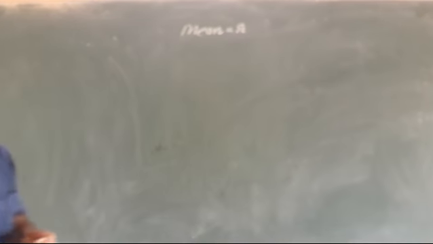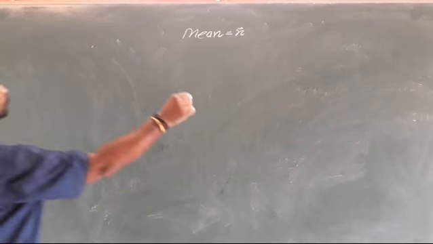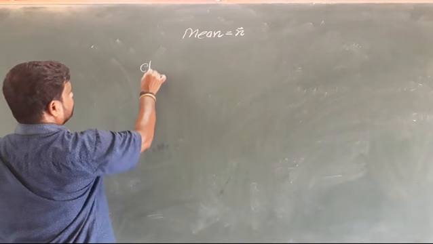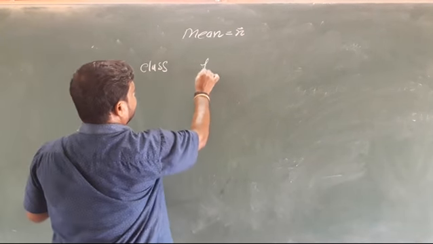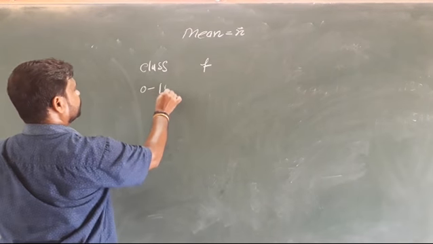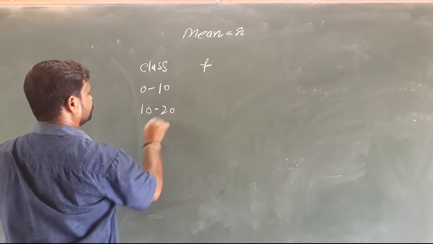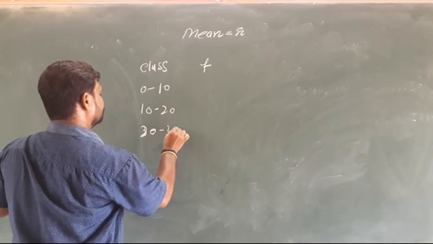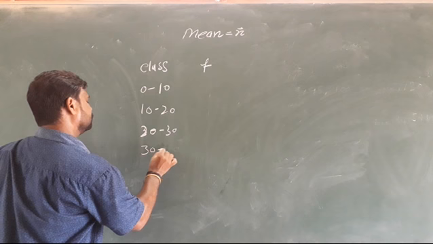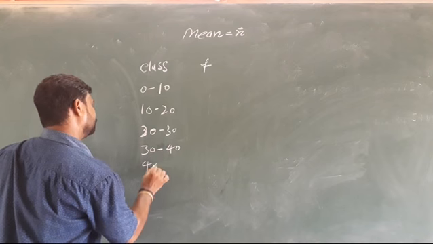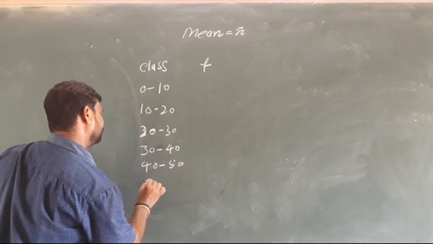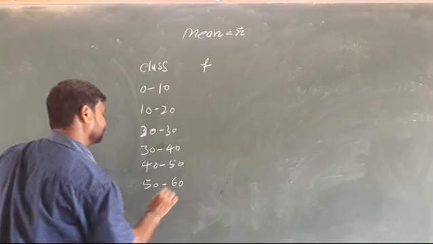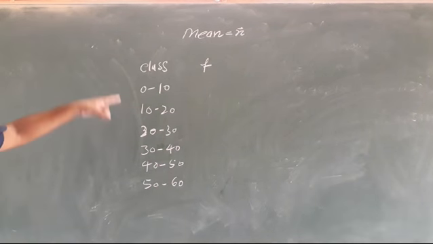Now the class interval we will write here first, and the frequency: 0 to 10, 10 to 20, 20 to 30, 30 to 40, 40 to 50, and 50 to 60. This is the class we have written here, 0 to 60. And now we will go through the frequencies.